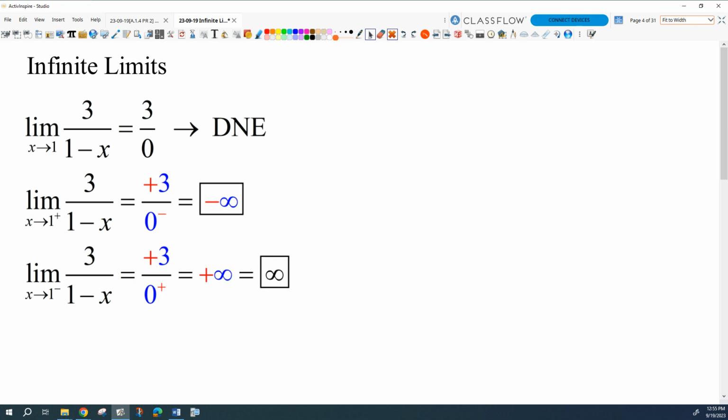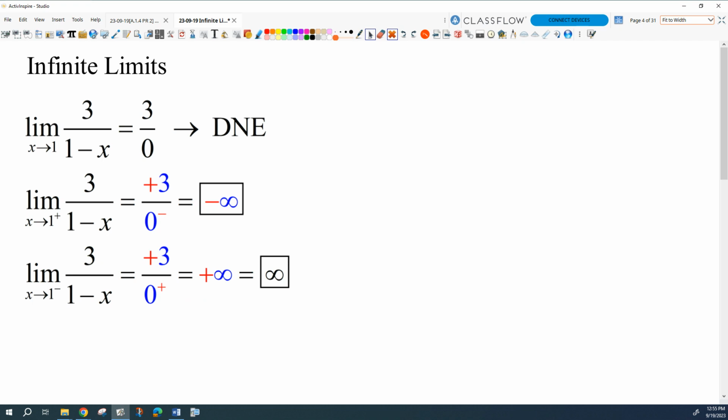Okay, so can we say anything more about this limit than DNE? We can't because the behaviors don't match, right? One's positive infinity and one's negative infinity. So yeah, we know the limit doesn't exist, but we can't even say that it has some other consistent behavior. It's inconsistent. So that's about the most we can say.